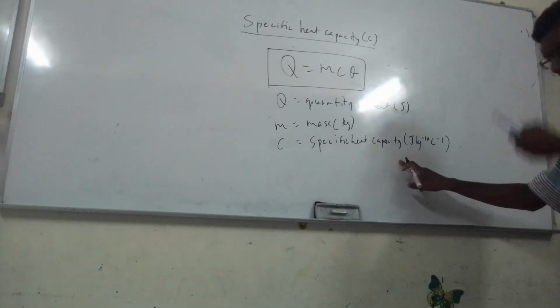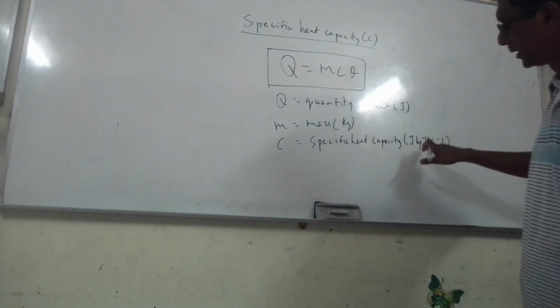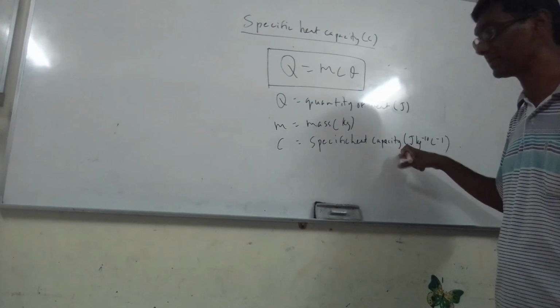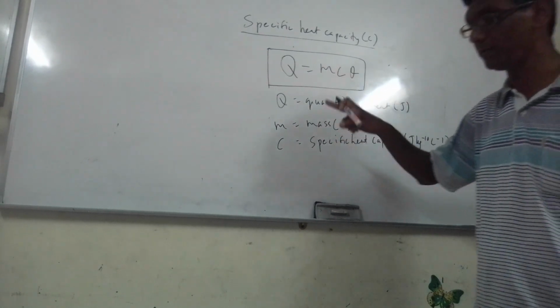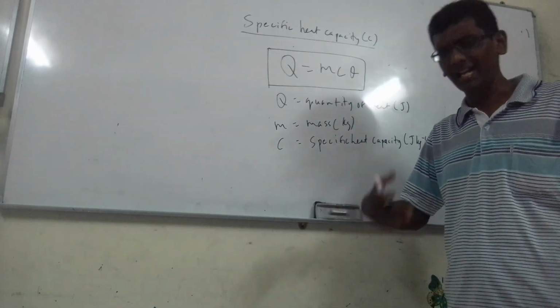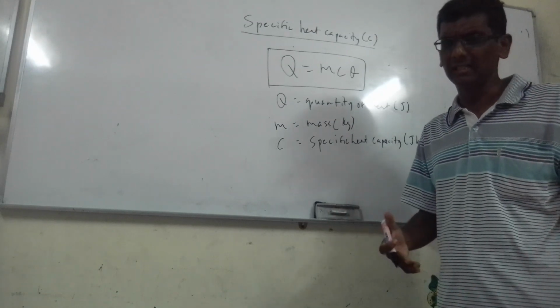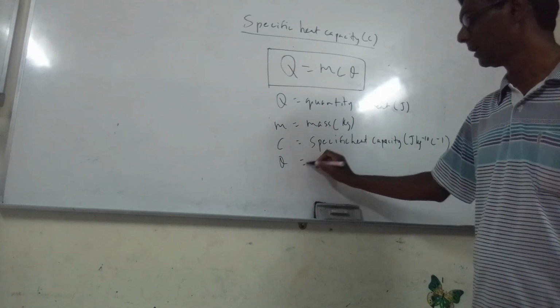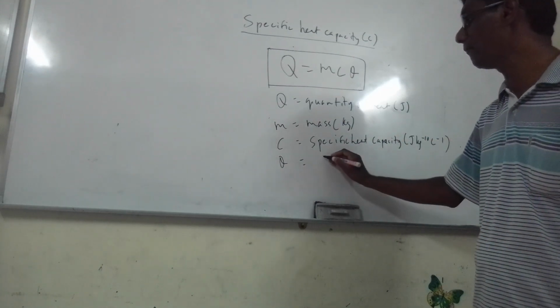The specific heat capacity c is for a particular material, for copper, aluminium, or water. These have different specific heat capacities. And theta is very important: it is the difference in temperature.